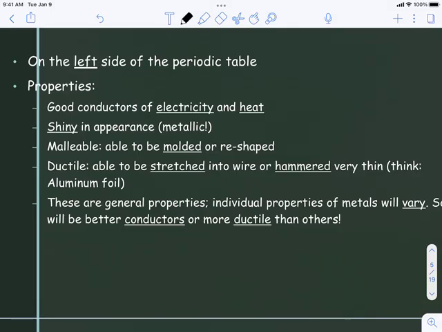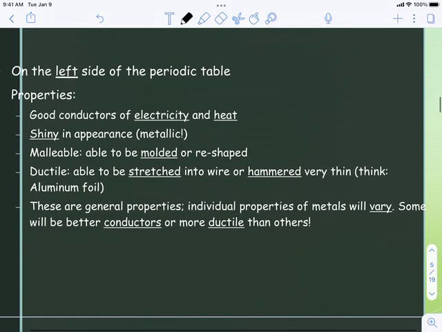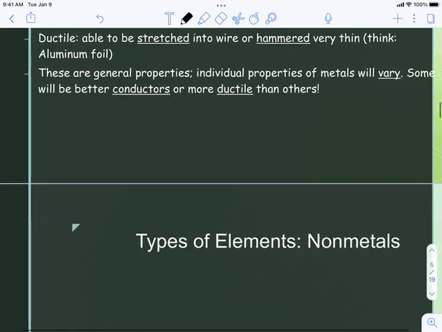It can be stretched into wire, or it can be hammered very thin. Think of aluminum foil. Or big sheets of metal that you might see at Home Depot or Lowe's. Now, they are general properties. It will vary according to the metal you have, but for the most part, they are pretty good properties of metals.